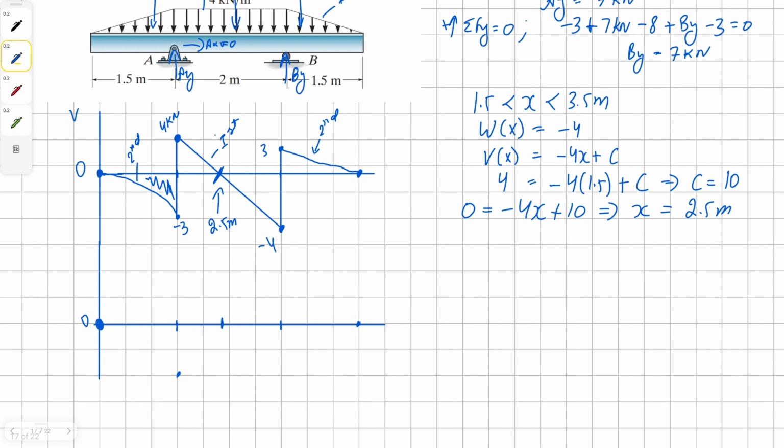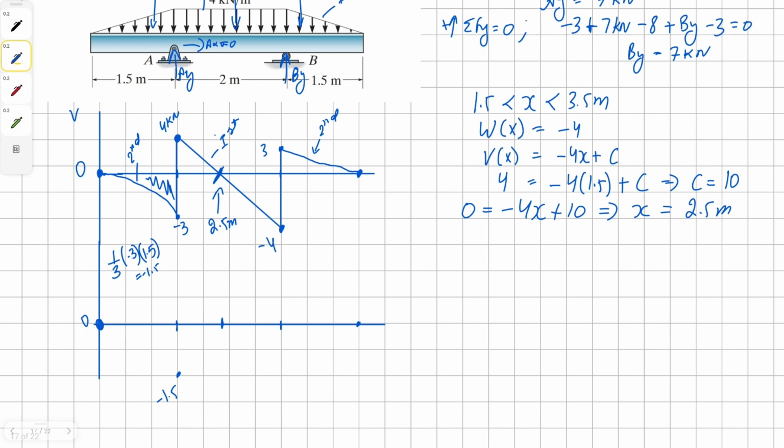And the area for this parabola is simply 1 over 3 times the depth, which is -3, times the length along for the shear, which was 1.5. Solving this, we get our solution as -1.5.